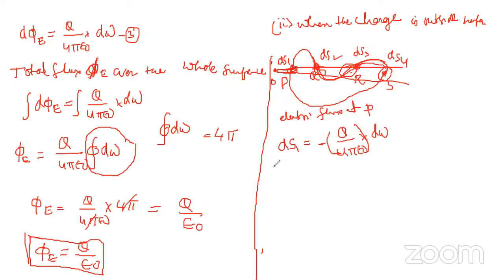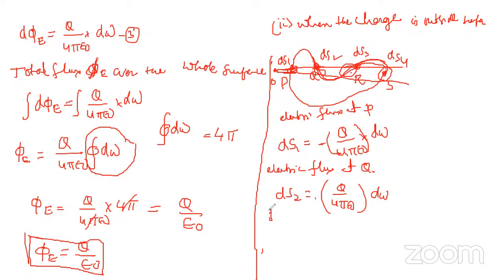Similarly, the electric flux at Q will be dS2 equal to Q by 4 pi epsilon naught into d omega. At this point the electric lines of force are moving away, that means the electric flux is outward, which we consider as positive.